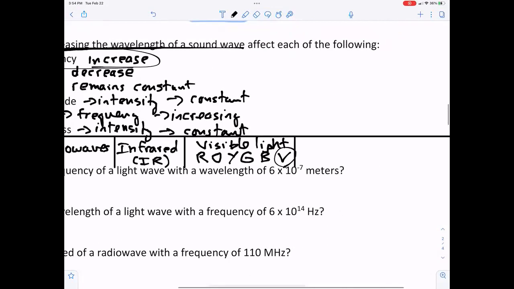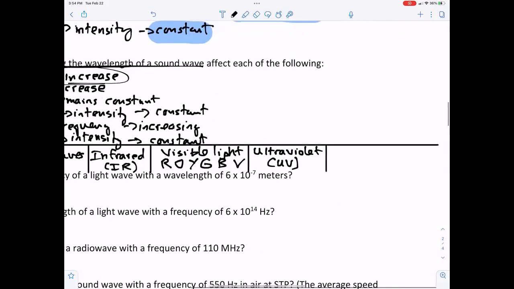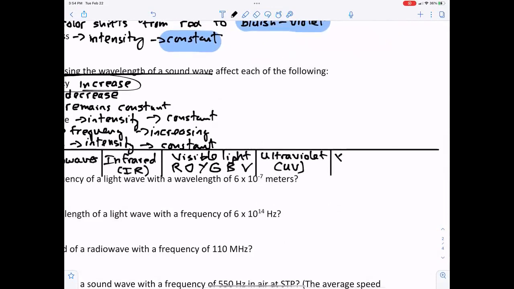On the other side of violet would be ultraviolet, typically known as UV. Okay. On the other side of ultraviolet would be X-rays. And then finally, gamma rays.